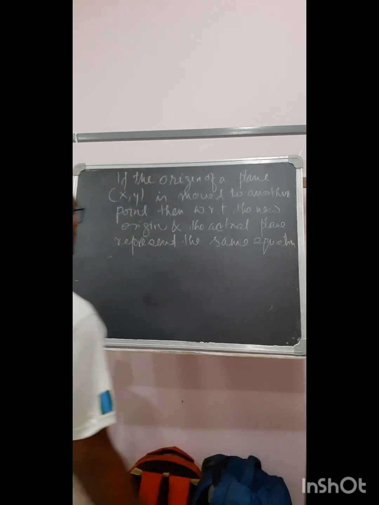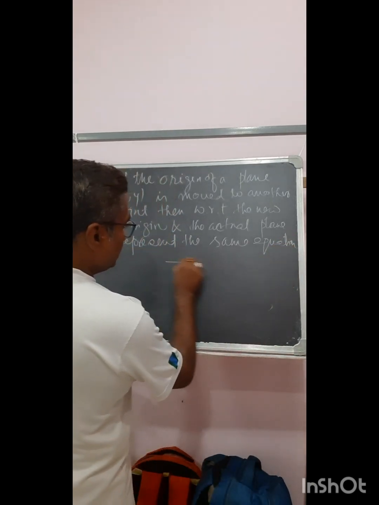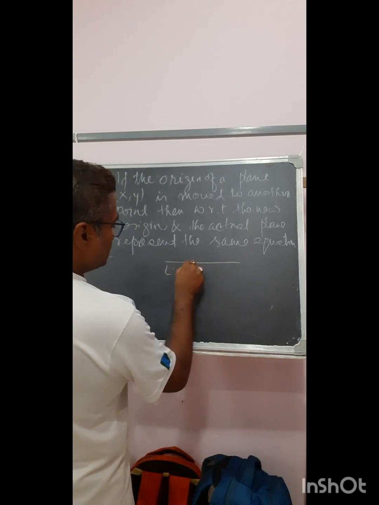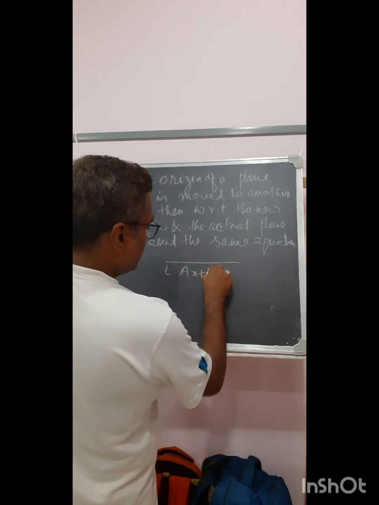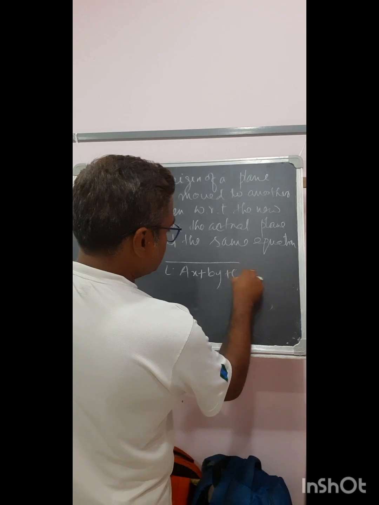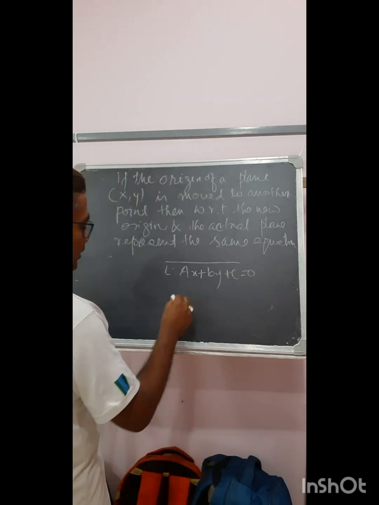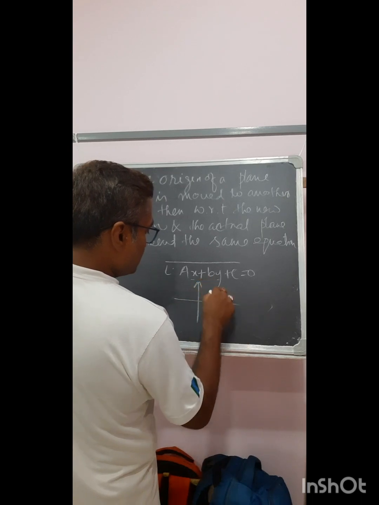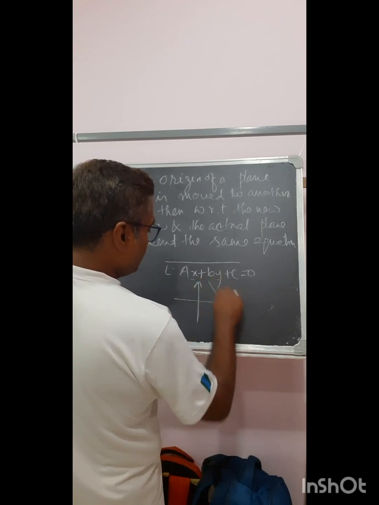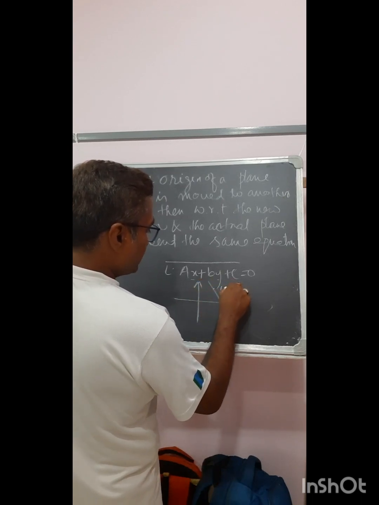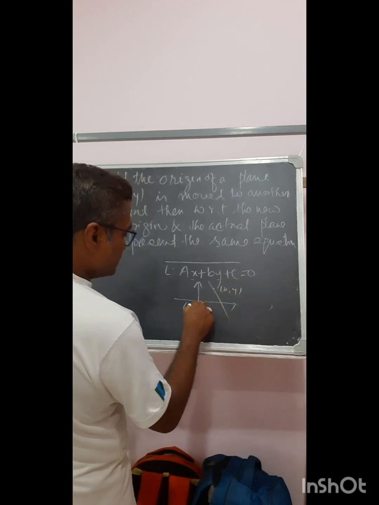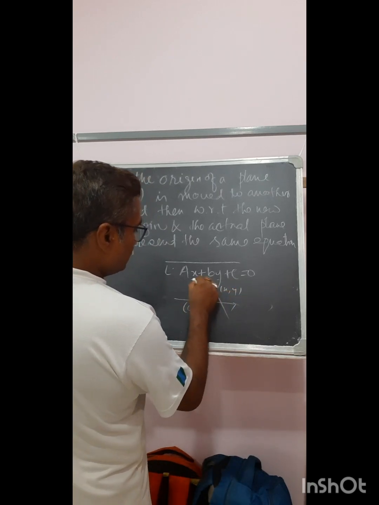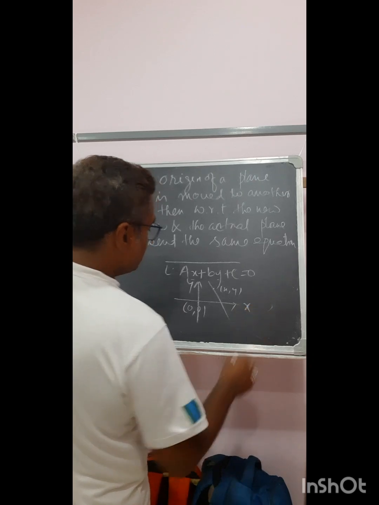so I mean to say, if there is a line given, let's say that line is denoted by ax plus by plus c is equal to 0, where this x and y denote the coordinates of any point on this line with respect to the origin 0,0 in the plane of x and y.